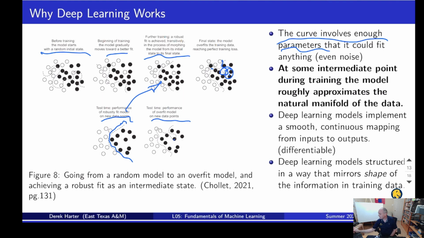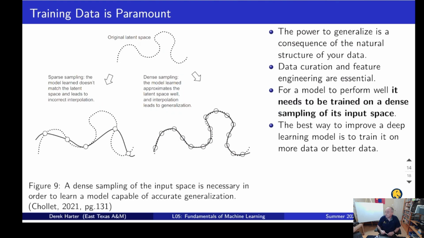And a final thought on this: training data is paramount, right? It's very important in deep learning and in machine learning in general. This is a good illustration of what people mean by that. The power of a model to generalize is a consequence of the natural data structure in your data.